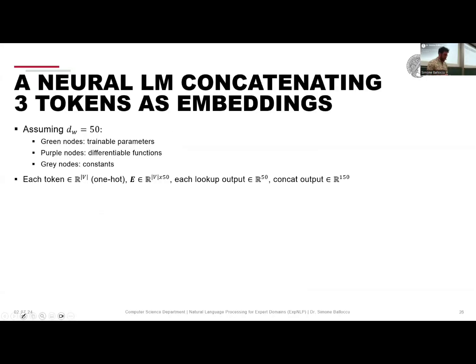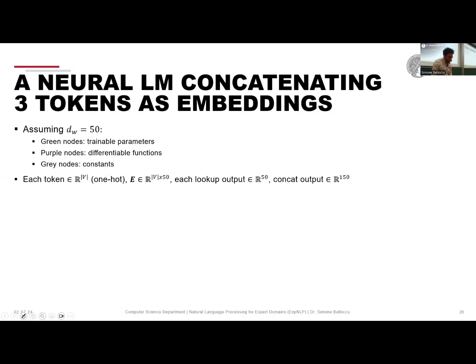So let's see an example. Let's assume that the dimension of our embeddings is 50. Sorry, 50 dimensions. So every vector has 50 elements. And let's say that each token is a one-hot vector that belongs to this vocabulary, times 50 if you consider the embedding matrix.